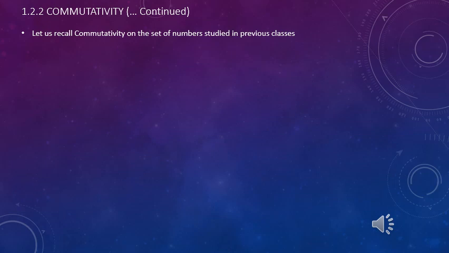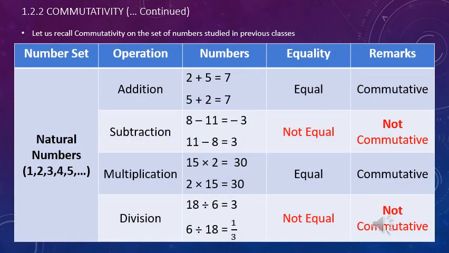Now see addition. Here 2 plus 5 is equal to 7 and 5 plus 2 is also equal to 7. Since both are equal, we say that addition is commutative for natural numbers.